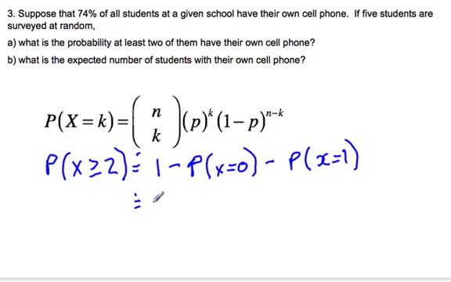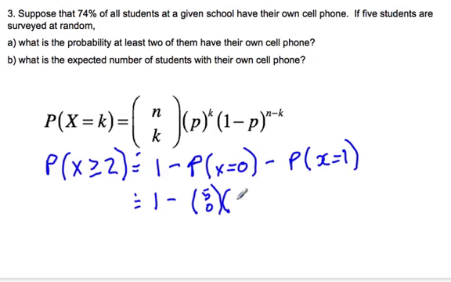So we sub into our formula for binomial distribution. So this will be 1 minus, and here the probability of 0 students out of 5 having a cell phone will be 5 choose 0, n choose k. Okay, so we're interviewing 5 students, and none of them are going to be successful, meaning none of them are going to have a cell phone.